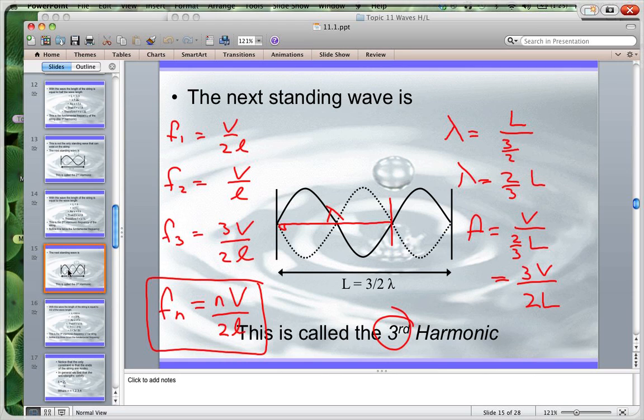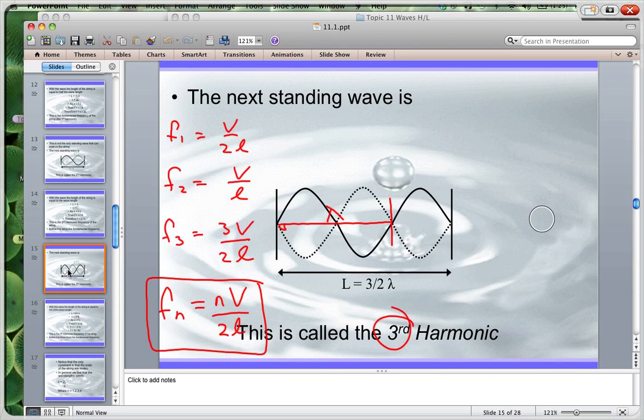We can also look at our wavelength. Our first wavelength was equal to 2L. Our second wavelength was equal to L. Our third wavelength was equal to 2/3 of L. Our nth wavelength would be what?